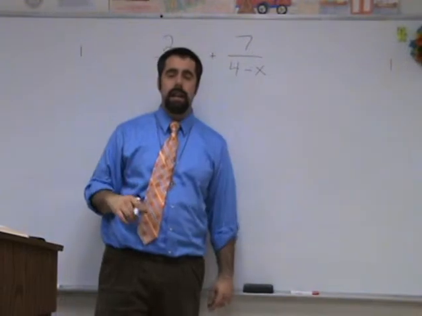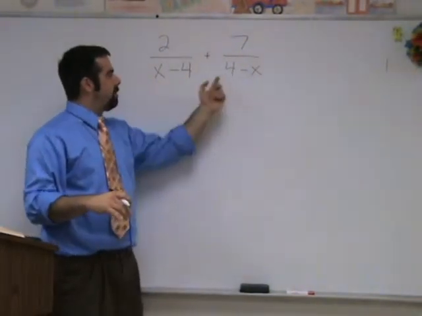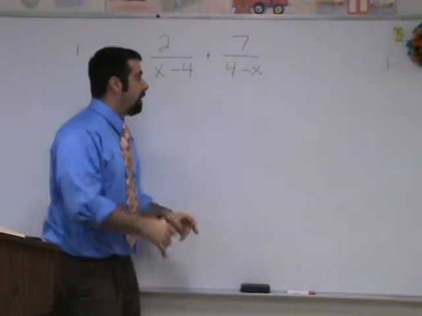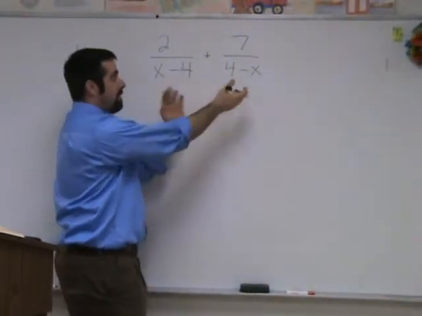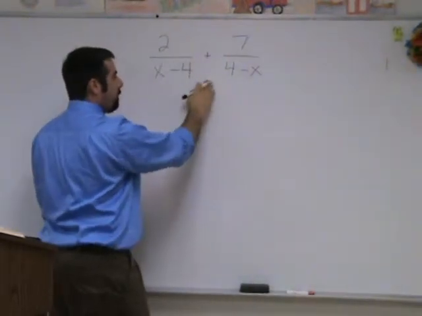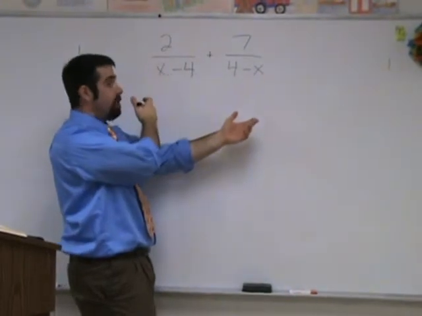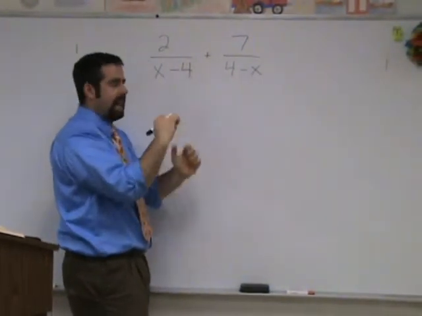Here's where our factoring comes in. When we factor before, we recognize that these two denominators are opposites, right? When I have something minus something else and then I just flip them, those are opposites. And if we remember correctly from chapter 5, to make an opposite into its opposite, we take the negative of it.